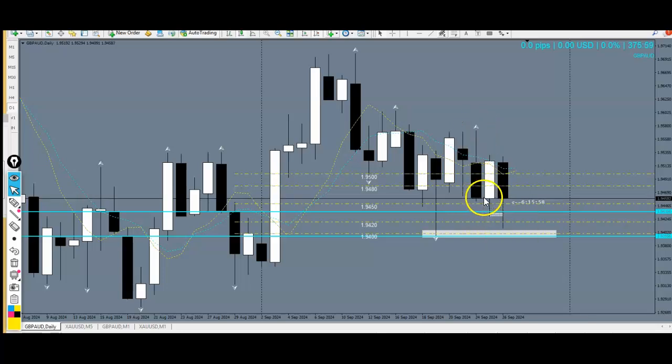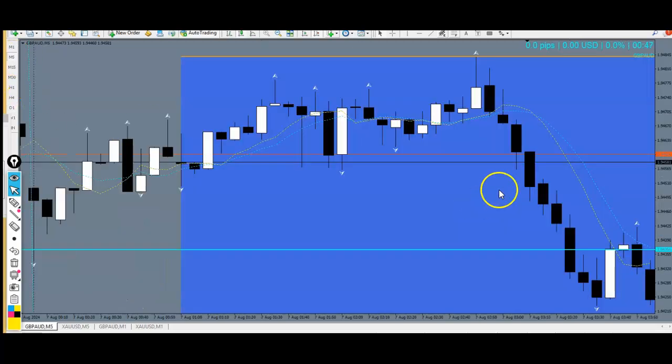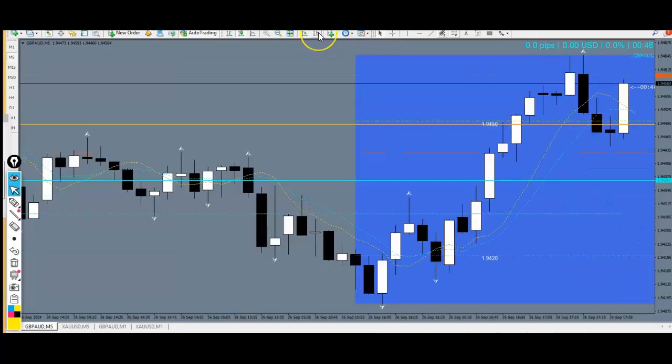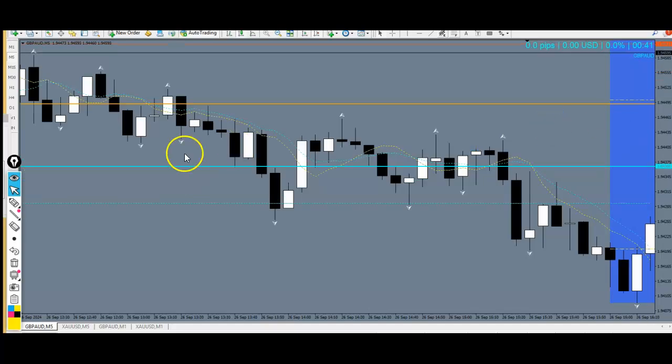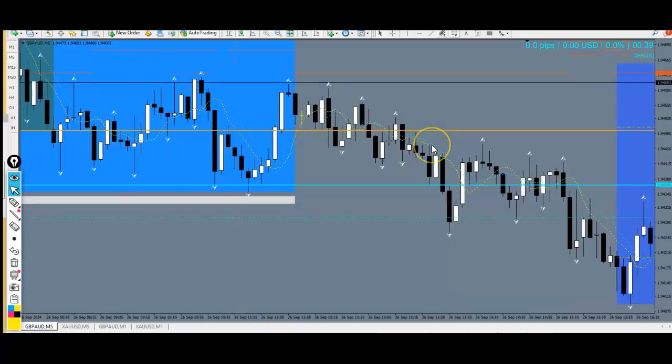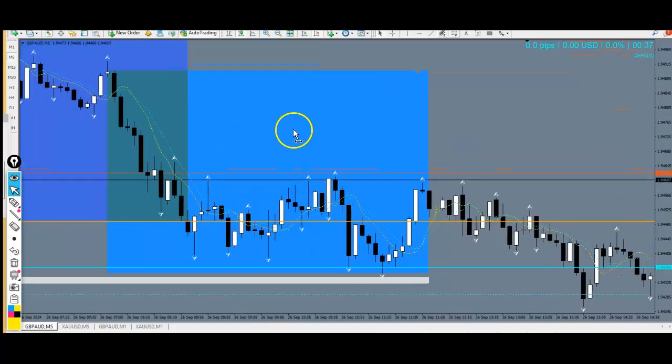Right here again, the same thing happened. It came all the way down, took out liquidity of this low here, and then pushed up. Because we're also in a big range on the bigger time frame, when you go to the 5 minute time frame to take a decision on what your trade will be, you need to take that into cognizance.